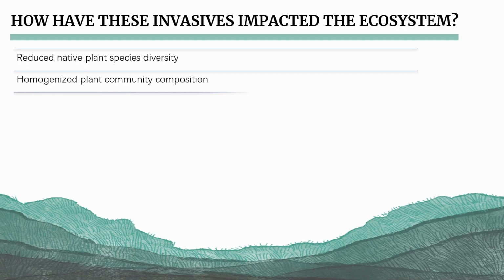Like I said, these are nitrogen fixing plants, and essentially they have changed the nitrogen availability in the system. There's much more nitrogen available in the soils in these invaded patches, and nitrogen cycles at a much faster rate. Not only that, they have also changed the hydrology of the system very fundamentally.